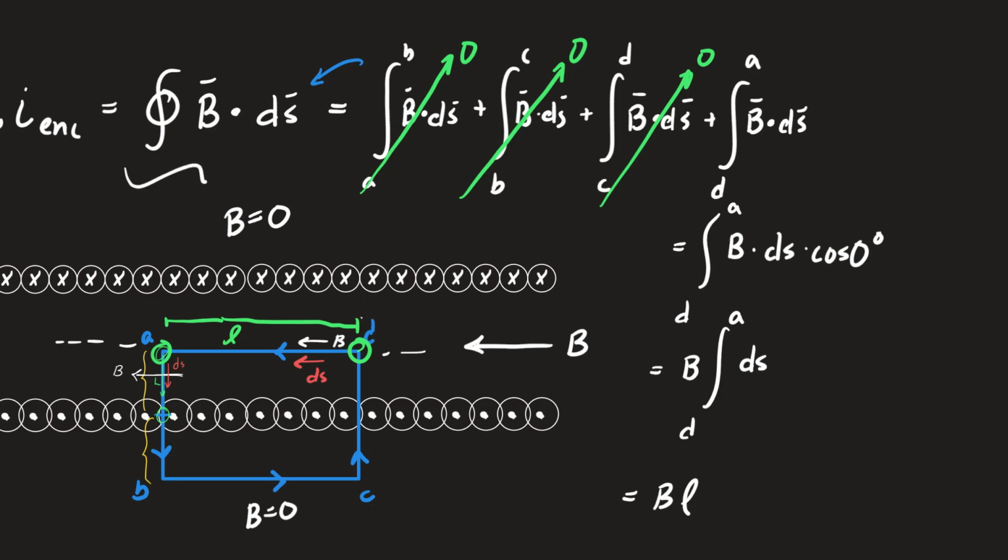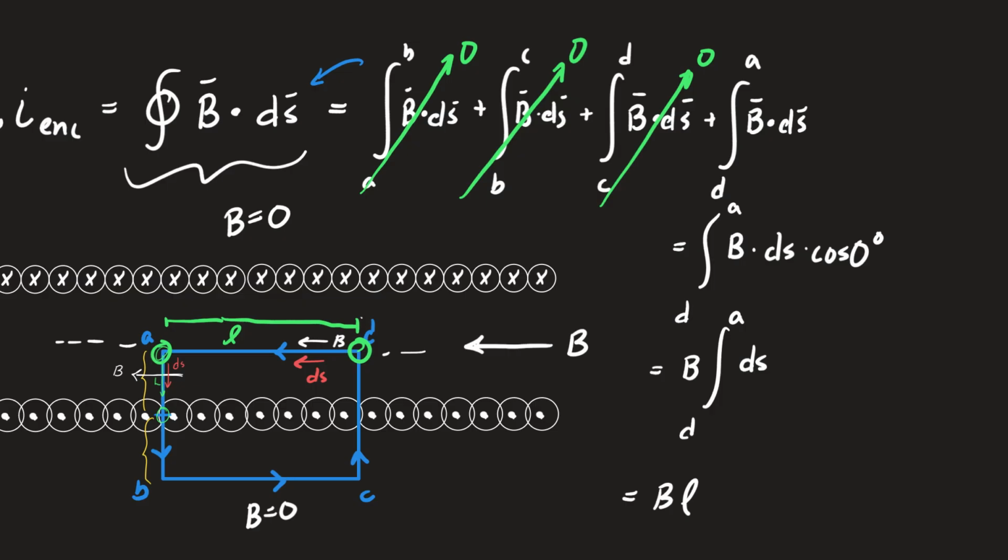So this started as a line integral around the entire shape. We broke it up into 4 pieces, one for each side of the rectangle. We made a reasoned argument about why 3 of those contributions were 0, and 1 of those contributions was non-zero, and it was the product of a magnetic field times a distance.